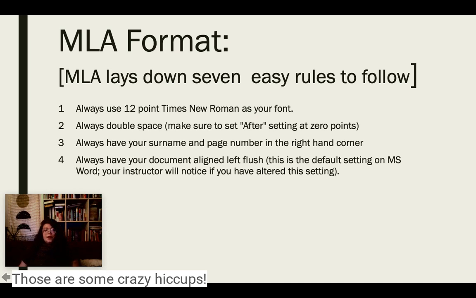This is the automatic setting on Microsoft Word, but sometimes I've noticed that when students start becoming really proud of what they're working on, or they're really starting to get engaged in the learning process, they start wanting to do fancy things to their format, like make their papers center align flush, where it makes it even on both sides of the page. You don't do that, right?